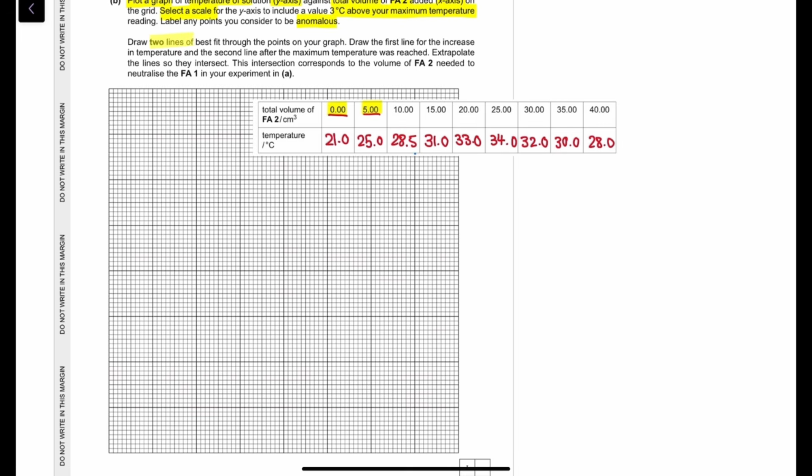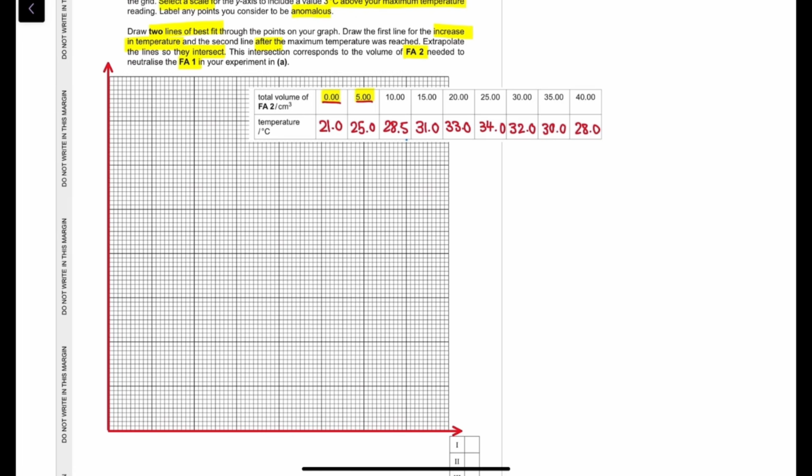Draw two lines of best fit: the first line for the increase in temperature and the second line after the maximum temperature was reached. Extrapolate the lines so that they intersect, and the intersection corresponds to the volume of sulfuric acid needed to neutralize the sodium hydroxide in your experiment in A.